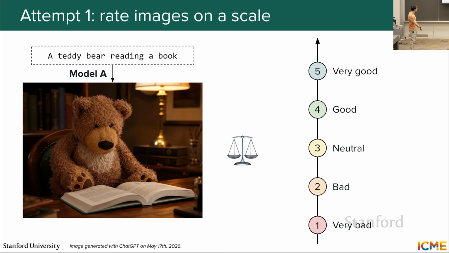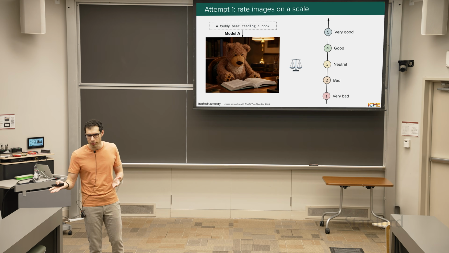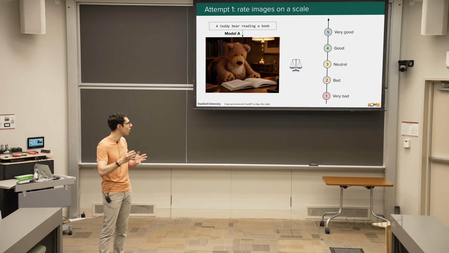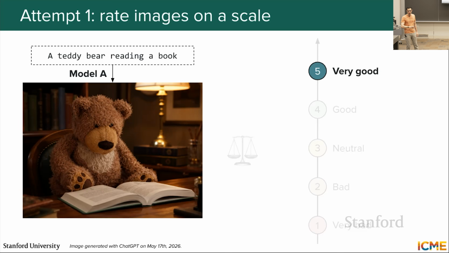And what you're saying is, OK, given this prompt, given this image, how would you rate this image? And so here, one possible option is to have a scale from 1 to 5, where 1 is very bad and 5 is very good. And the idea is to figure out where your image falls into. So in this case, let's assume it's very good.